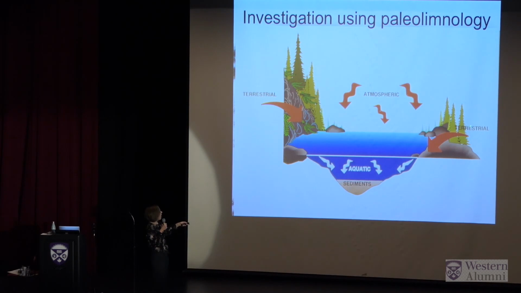You can have things that wash in off of the land, and you can have things that come in from the atmosphere. All of those come together to form the lake sediment record, and it just stays down there undisturbed. The water over top protects it. And so we can get really nice records over time that can tell us about environmental change.